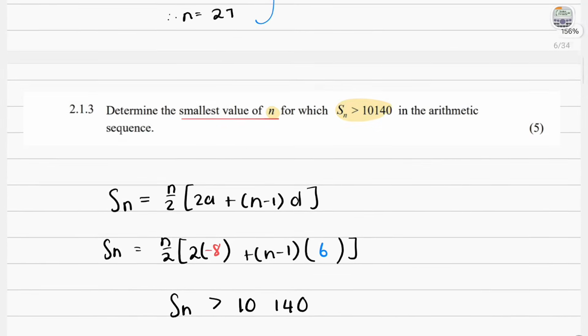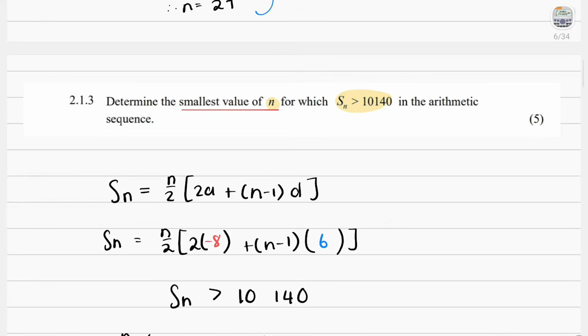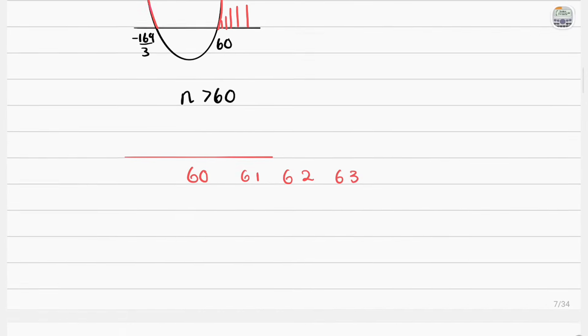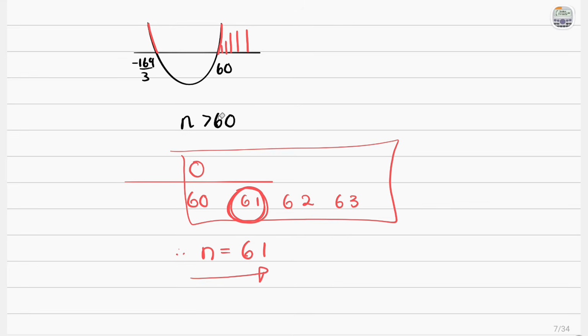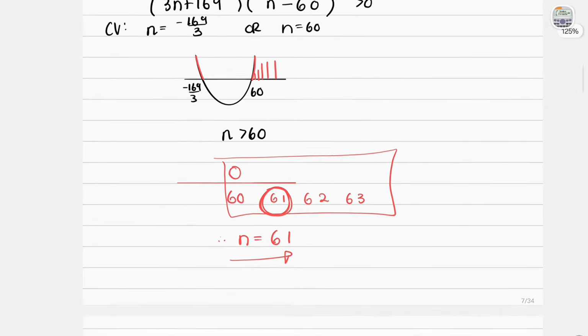They want the smallest value of n. Remember that n refers to term values. They can't be fractions. So our answer for n will have to take the smallest value within this range. It's not 60 because n is greater than 60, not equal to 60. Therefore, n is equal to 61. That would be the smallest value in this range. And that is our answer.